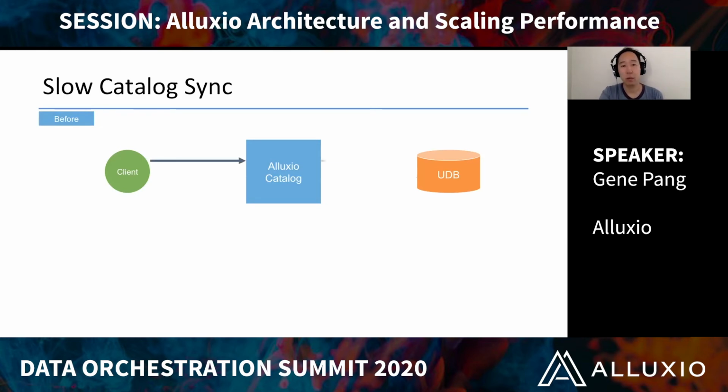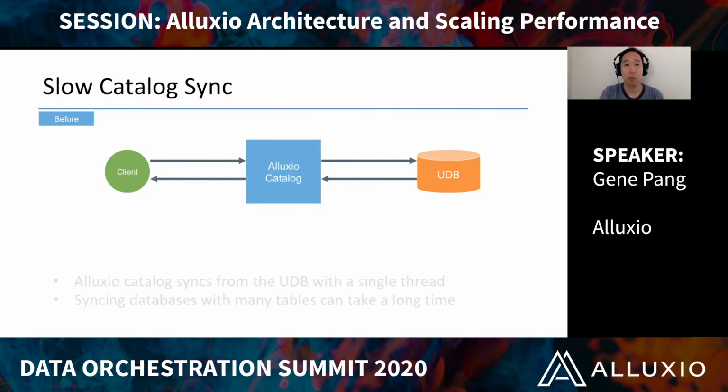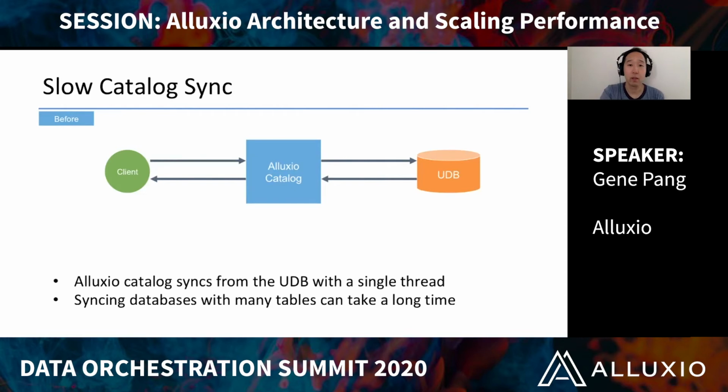What happened is the client would ask the catalog to sync, and then the catalog would just sync from the UDB in a single-threaded way, and then return back to the client. If there's a large database or many tables or many partitions, this can take a long time to complete, and it can be a negative experience for the client.